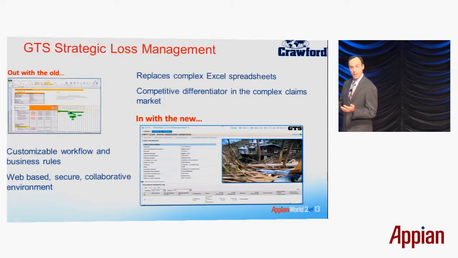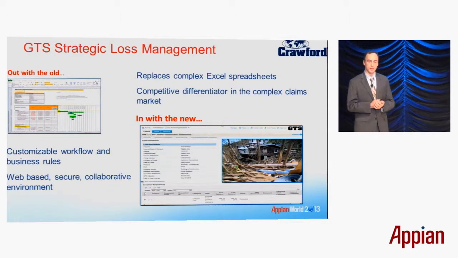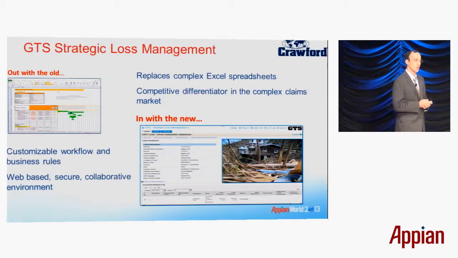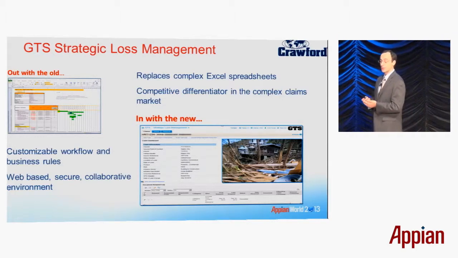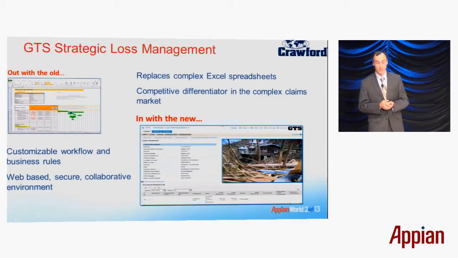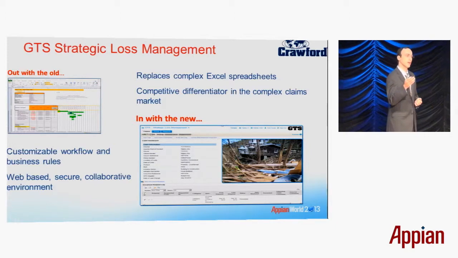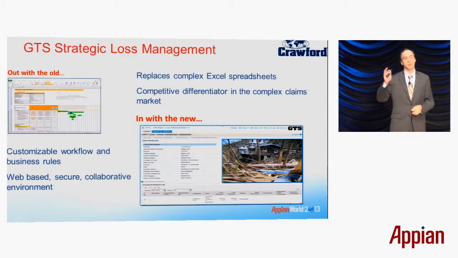So we built that application on the Appian platform. First of all, it replaces complex Excel spreadsheets that are disconnected from each other and from the systems. This solution is integrated with our claim systems. And it allows us to create customized business rules in which one claim's business rules may differ from another's.